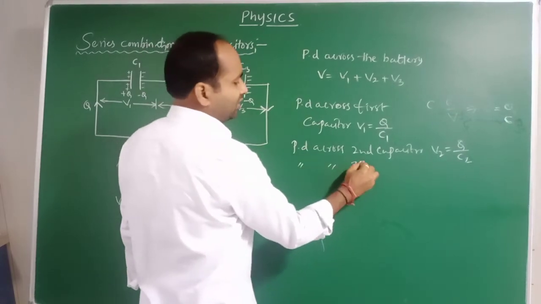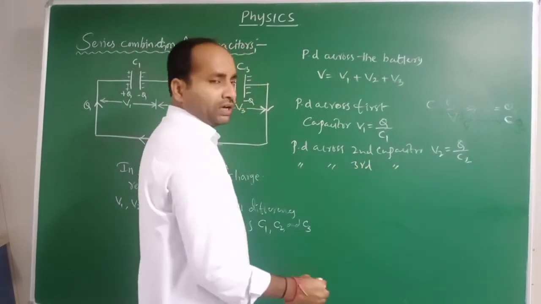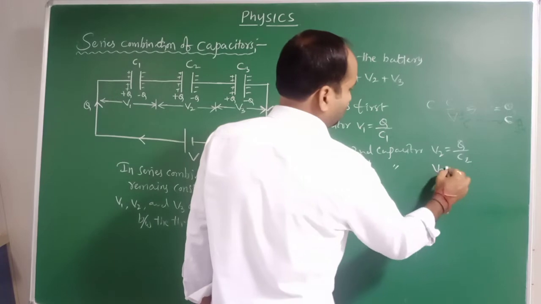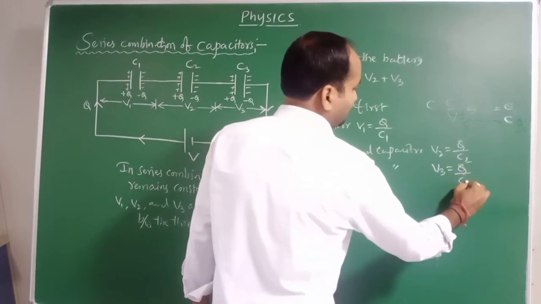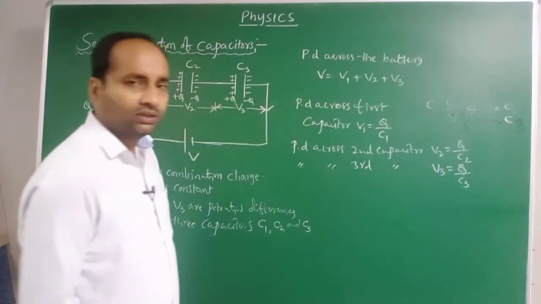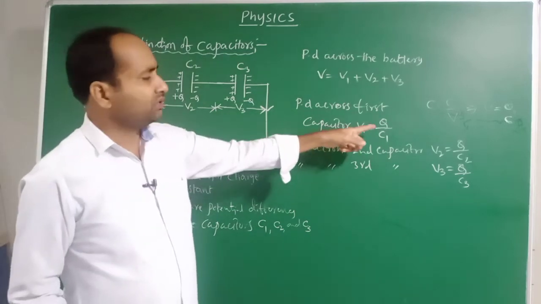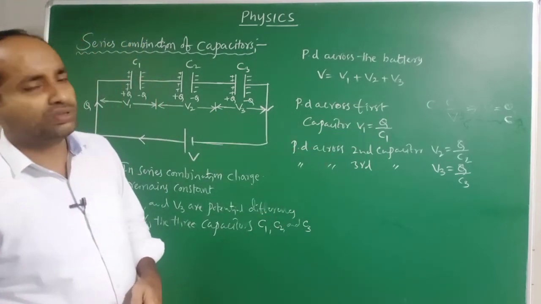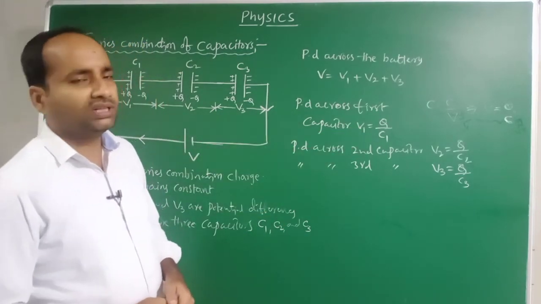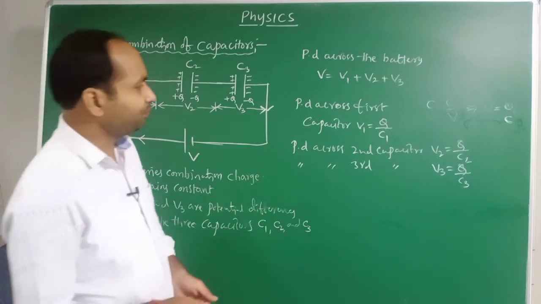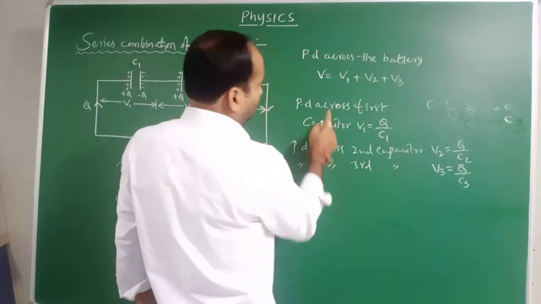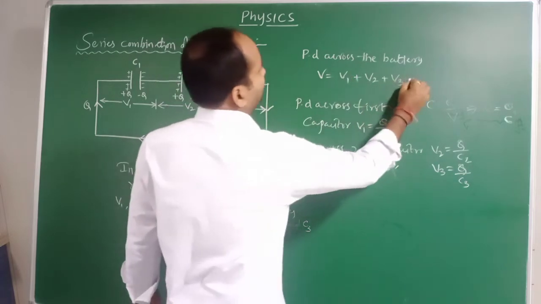The potential difference across the third capacitor, V3, is equal to Q by C3. Now substitute these values in equation number 1.